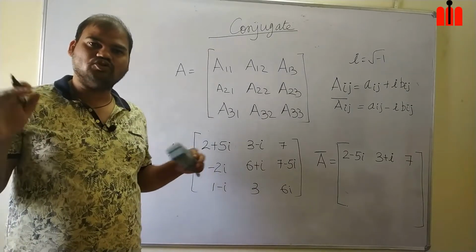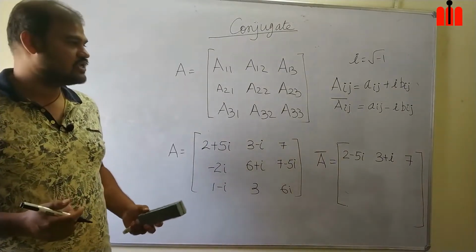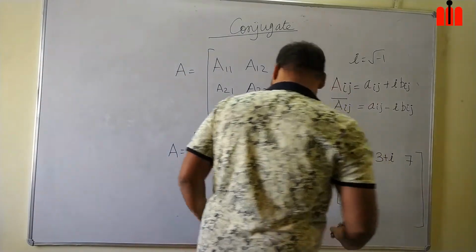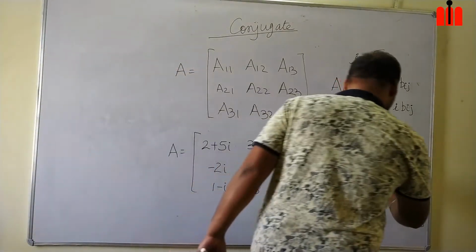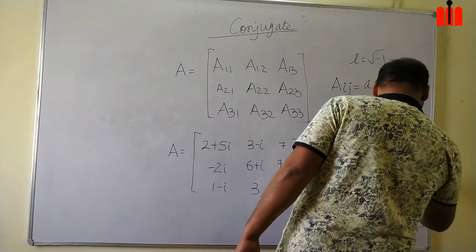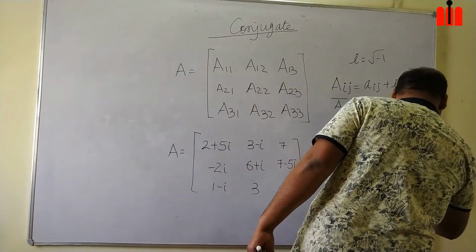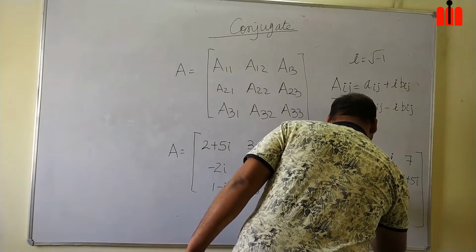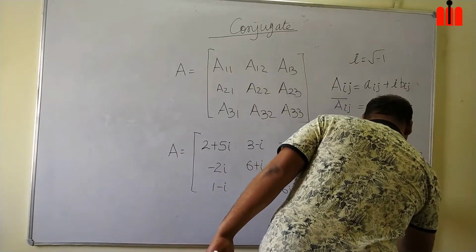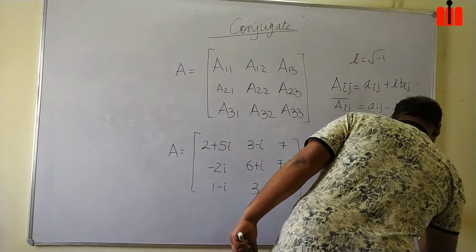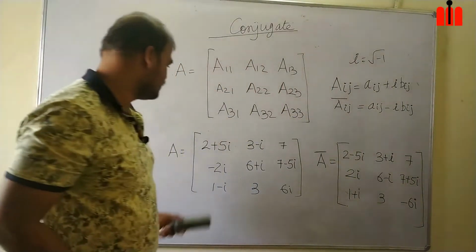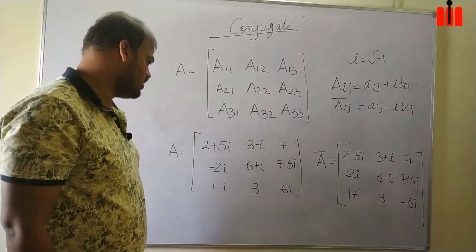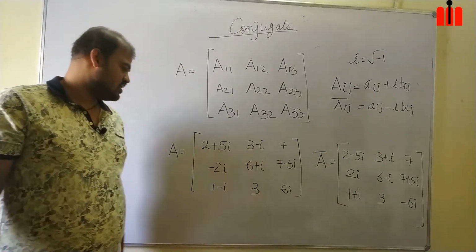If you take the conjugate, it will become 0 plus 2i, so it becomes 2i. Then 6 plus i, no confusion, will be 6 minus i. 7 minus 5i will become 7 plus 5i. 1 minus i will become 1 plus i. 3 will become 3. 6i will become minus 6i. Let me check: 2 minus 5i, 3 plus i, 7, 2i, 6 minus i, 7 plus 5i, 1 plus i, 3 minus 6i. Done, right?